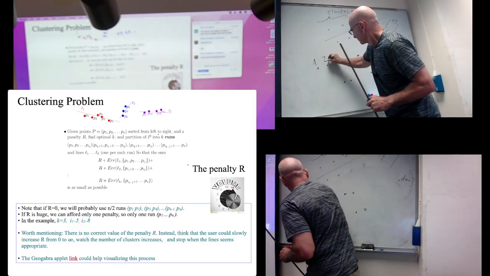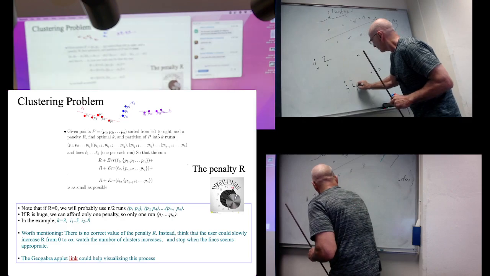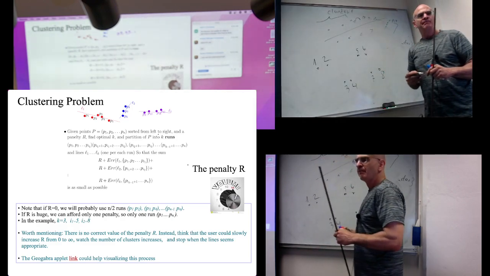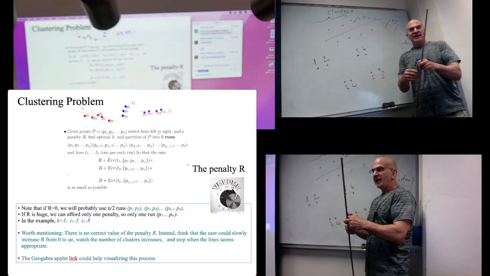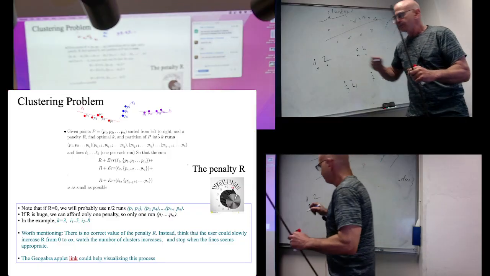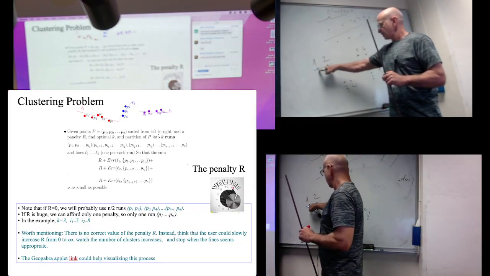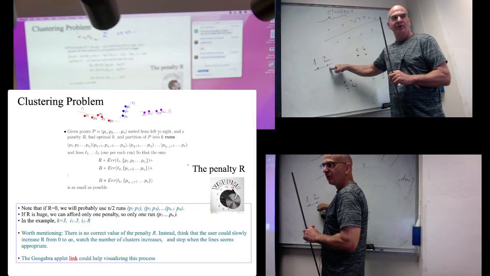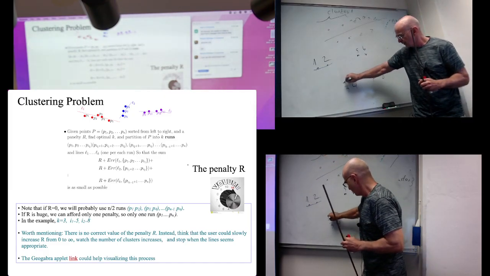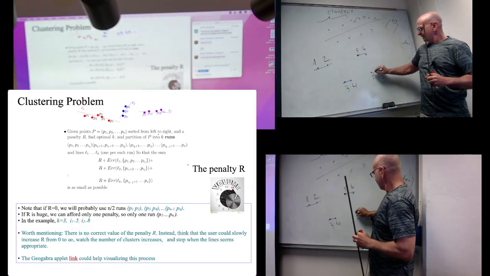For convenience, I'll just call them 1, 2, 3, 4, 5, 6, 7, 8. Can I find a line that fits very well points 1 and 2? Absolutely yes. You can find a line that goes through them with 0 error. I can also cluster 3 and 4, 5 and 6, 7 and 8.